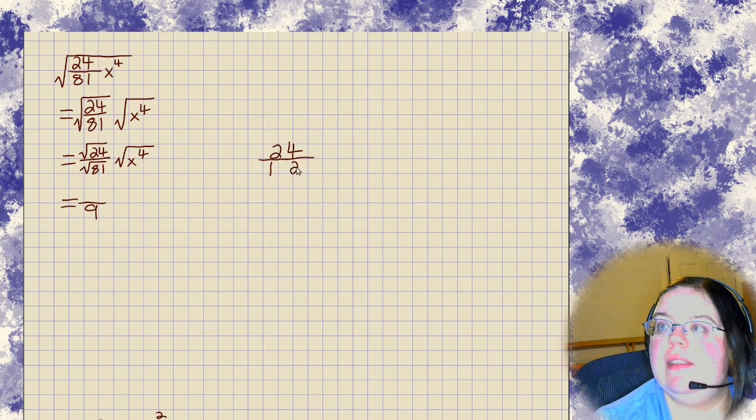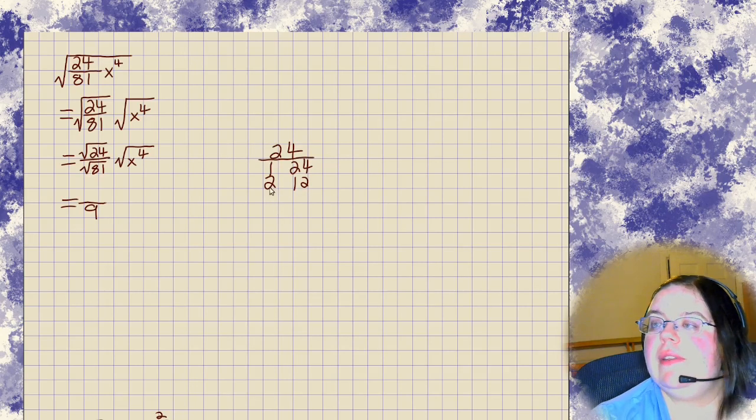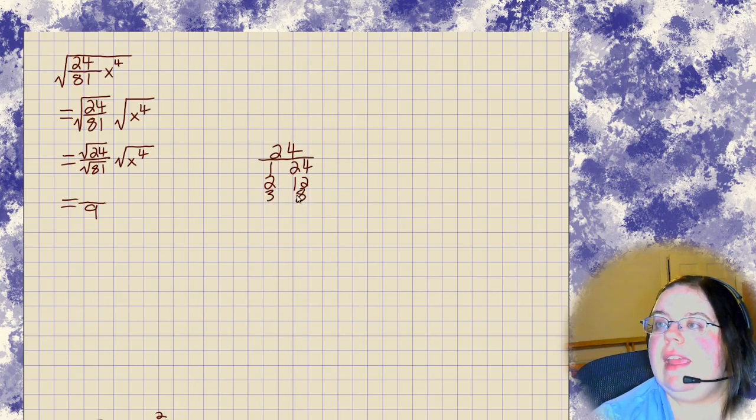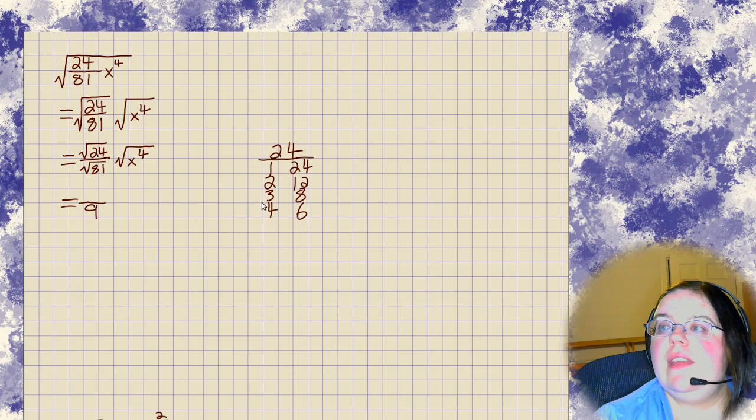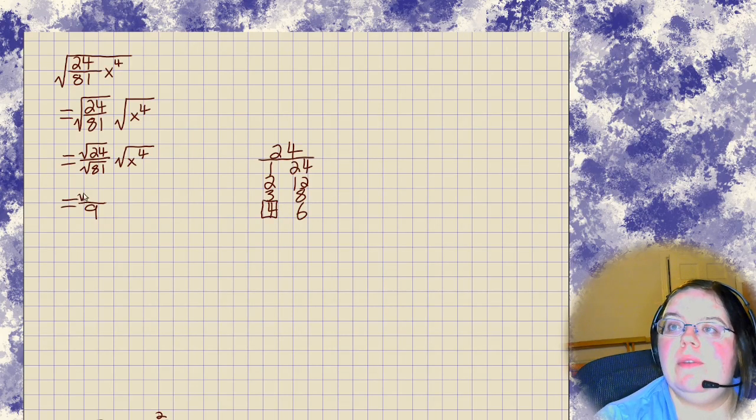So that could be 1 times 24, 2 times 12, 3 times 8, or 4 times 6. And I noticed that my greatest square factor here is 4. So I'm going to rewrite this as the square root of 4 times the square root of 6.